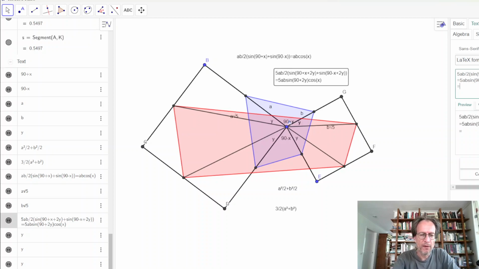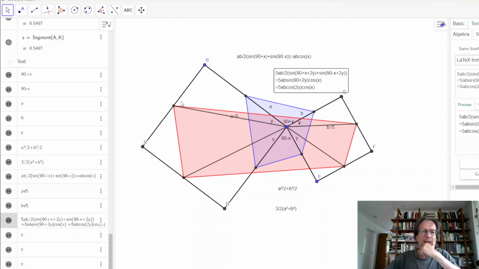So we have 5ab cosine of 2y times cosine of x. Well, y is a known angle. That's the angle in the 1 to 2 triangle, and it is not very hard to find. The cosine obviously is 2 divided by square root of 5, and the sine is 1 divided by square root of 5.